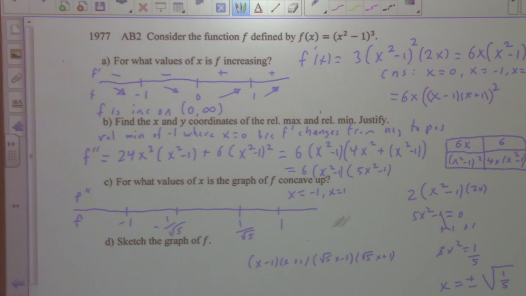So all these different things, what's the multiplicity of each of these zeros? 1. Multiplicity 1. So the signs are going to change. Really it's most important to get the first one right, or the easiest one, we can just plug in 0. So what's the easiest one if we plug in 0?